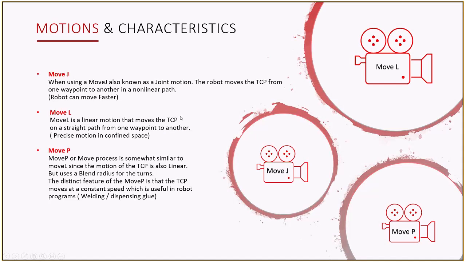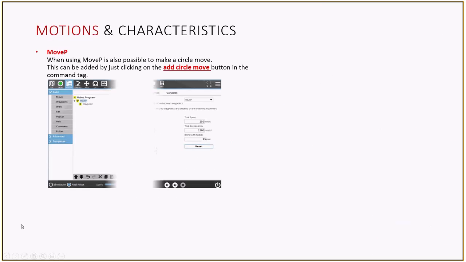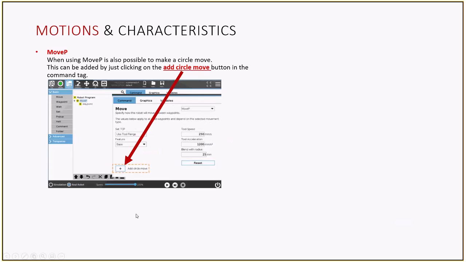Okay, and we are back at the presentation if I'm not wrong. When using a move P, like I said, it's also possible to make a circle move. How to do that is you got to make sure that you have a move P selected first of all, and as you are in that move P, in the command tab again, left underneath that move, you gotta add circle move.